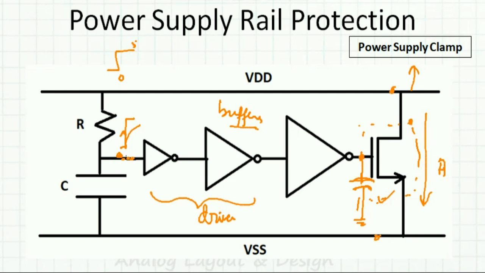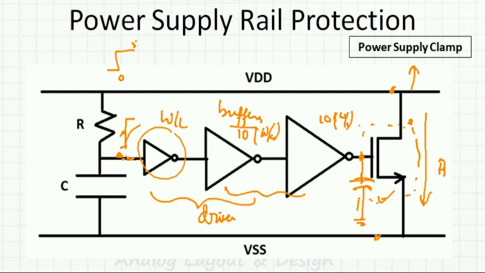So in a power supply rail protection you may see not only a simple RC, an inverter and a big transistor like this, but also a few buffer stages which increase W by L. If this is W by L, maybe this will be 5 times or 10 times that W by L, and then this will be 10 times this W by L2.